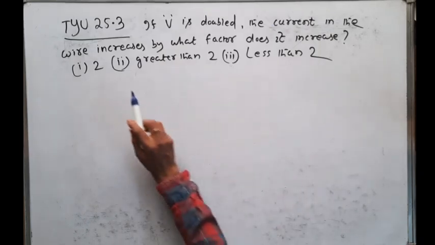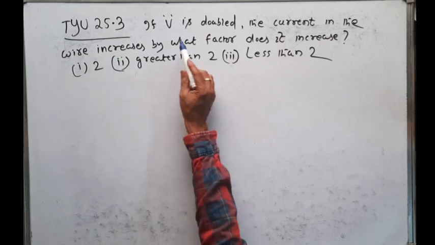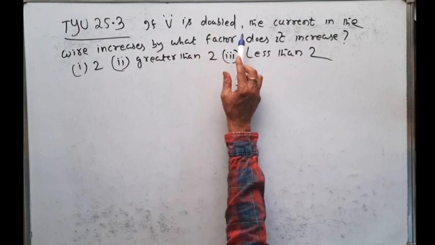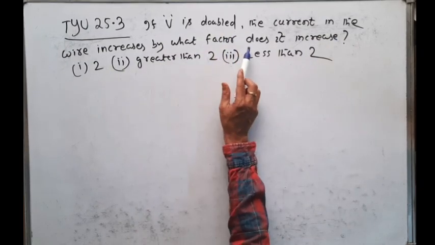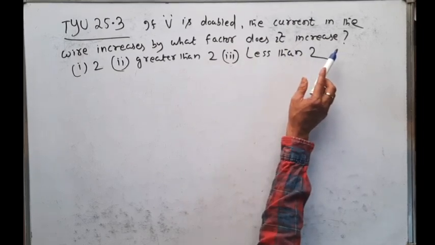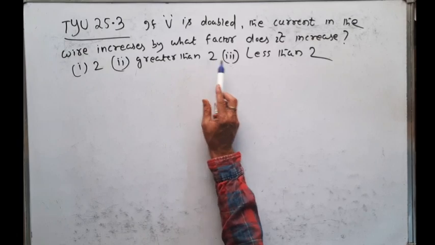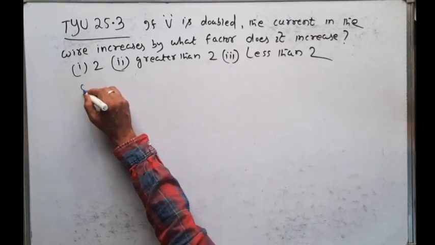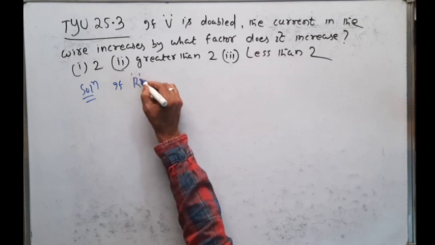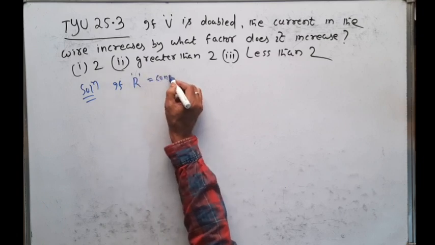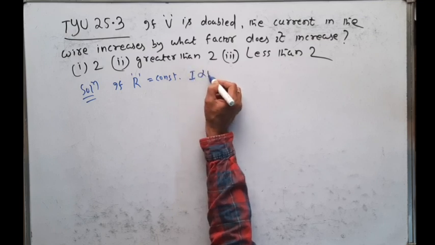Now see, this is test your understanding 25.3. Question is, if V is doubled, the current in the wire increases by what factor? If it increases by 2 times, greater than 2 times, or less than 2 times. Now see, if resistance remains constant, then current is directly proportional to voltage.